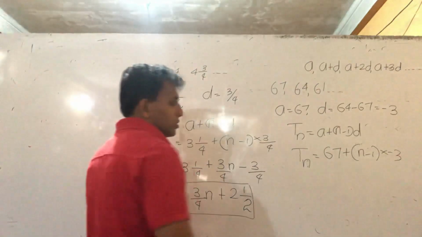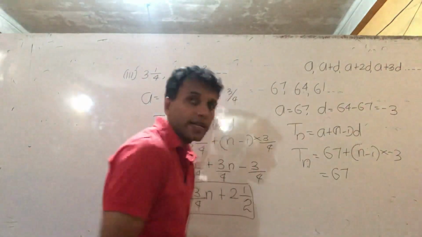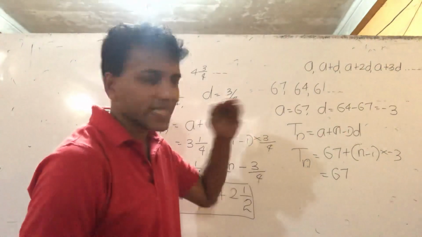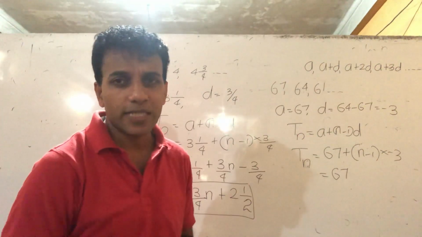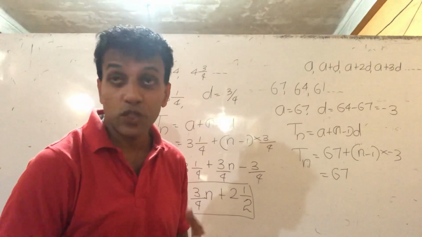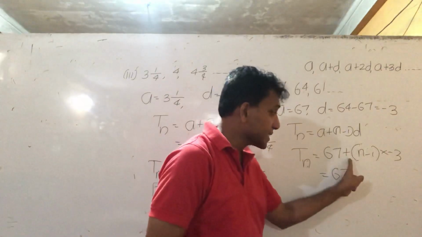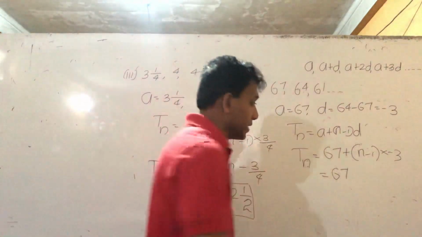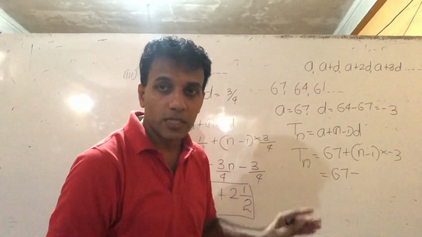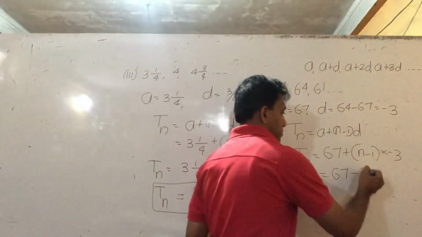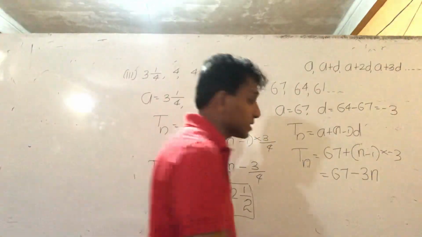Okay, so that 67, multiply the bracket. Only the first step is grade 10, the others are your ordinary grade 9, 8 methods: simplifying brackets, multiplication, solving equations. Multiply minus 3 times n, minus 3n. Minus into minus, right? Plus 3.